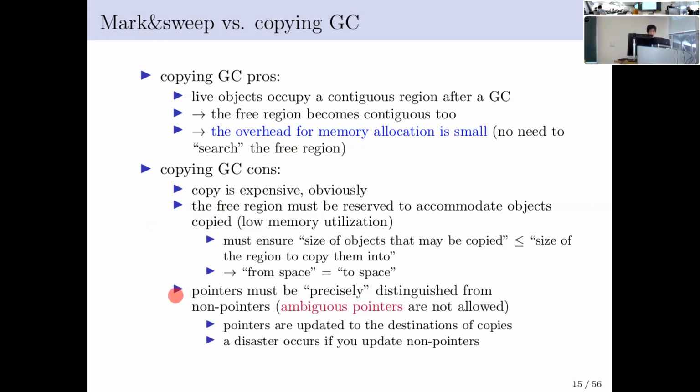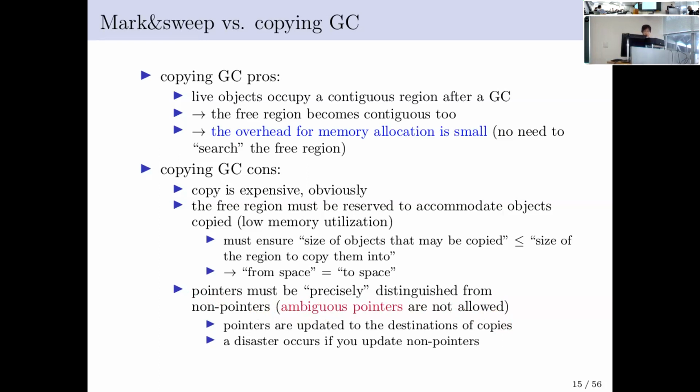Another disadvantage of copying garbage collection is that pointers must be precisely distinguished from non-pointers. In other words, ambiguous pointers are not allowed. Ambiguous pointers are ones where we are not sure whether they are pointers or not. Generally speaking, when you are just given, for example, a 64-bit word, you do not know whether it is a pointer or not.